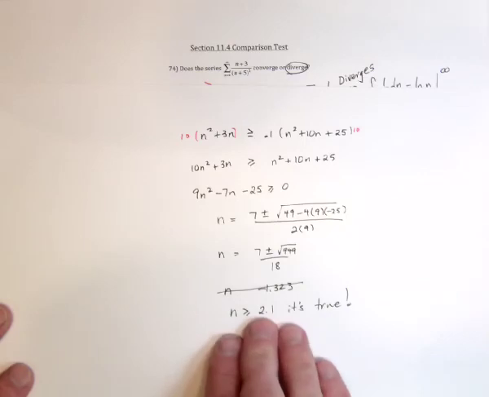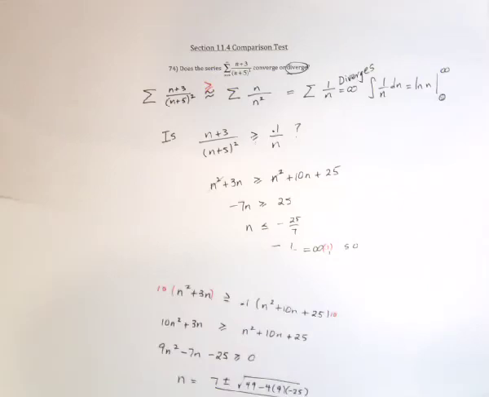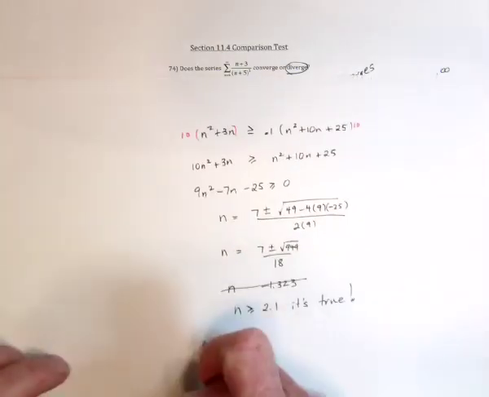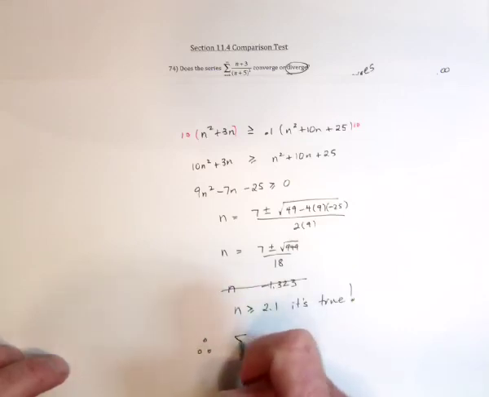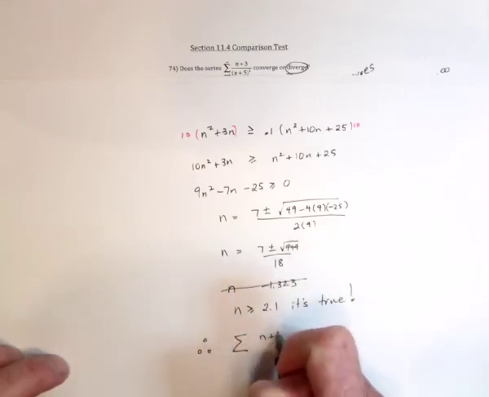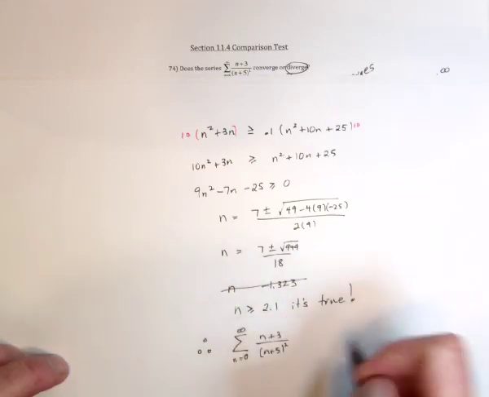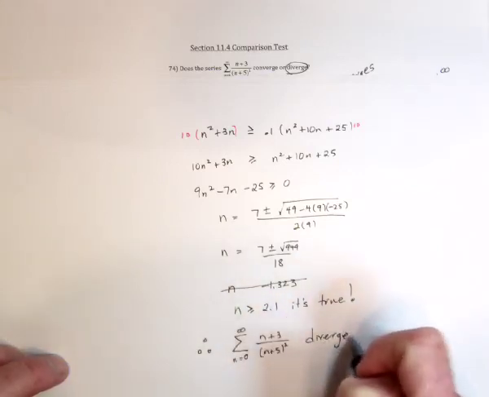So, since it's going to be true from 2.1 on, that means that this function from 2.1 on is bigger than this function, and since this one adds up to infinity, then this one has to add up to infinity. So therefore, the series n plus 3 over n plus 5 squared diverges, adds up to infinity.